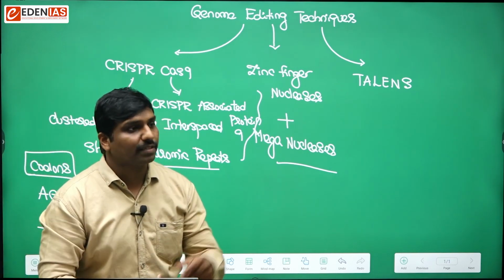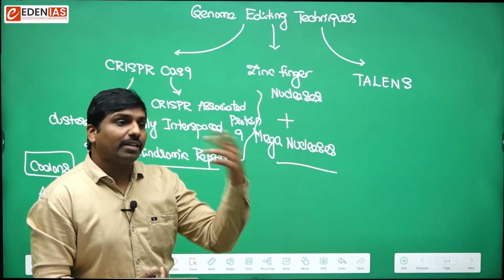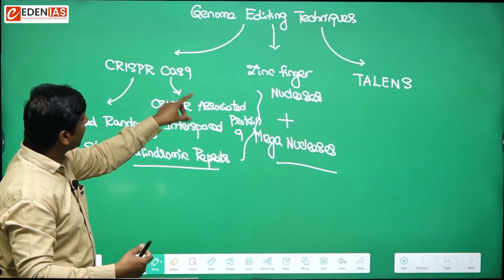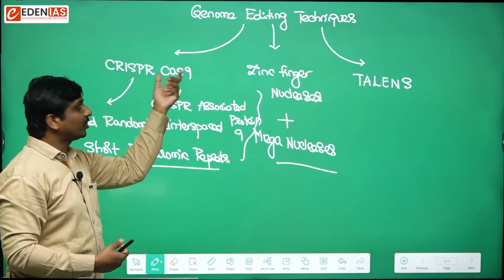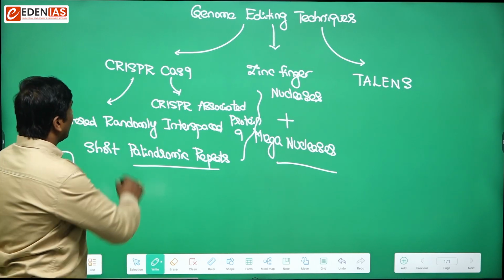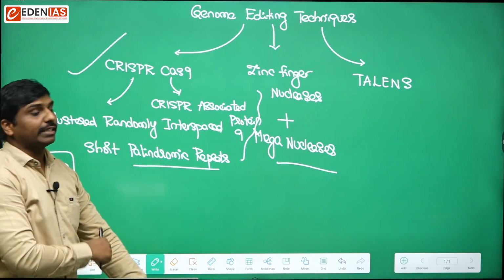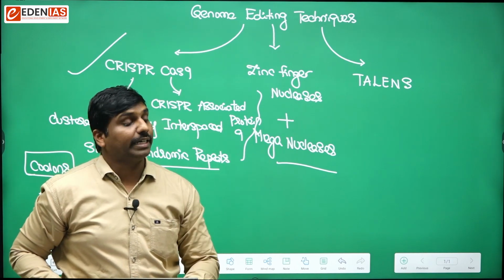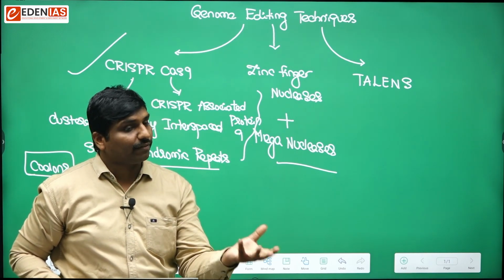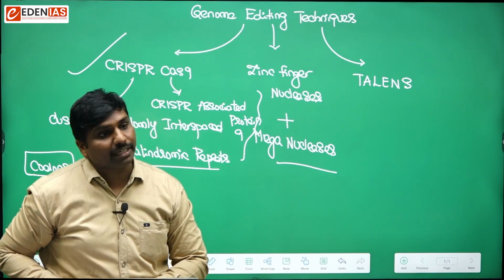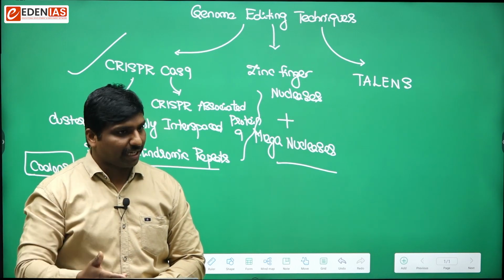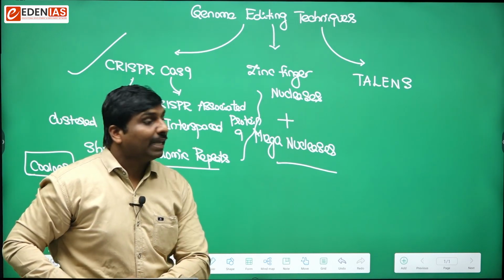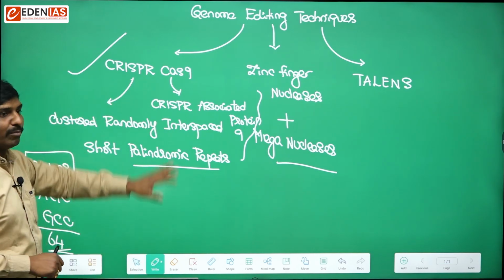We need a molecular scissor to cut. Regularly we have said that restriction endonuclease will do that process. Here Cas9 is the molecular scissor that is generally used in this technique. And mark that this technique is the most effective and convenient method in molecular biology that scientists regularly use for genetic engineering. CRISPR-Cas9 technique. This is one important technique.